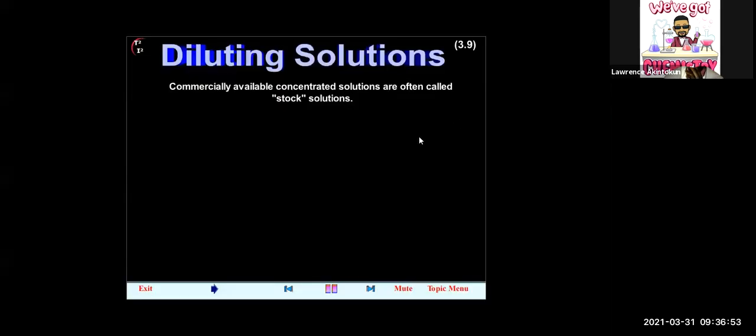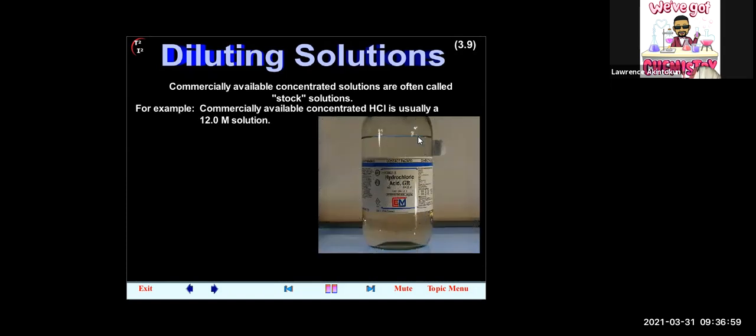Commercially available concentrated solutions are often called stock solutions. For example, commercially available concentrated HCl is usually a 12.0 molar solution. The question is how to prepare 100 milliliters of 1.0 molar HCl solution from 12.0 molar HCl solution. This is how to dilute concentrated solution in the lab.